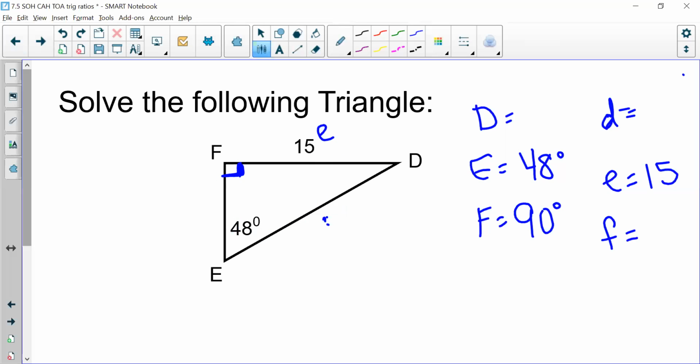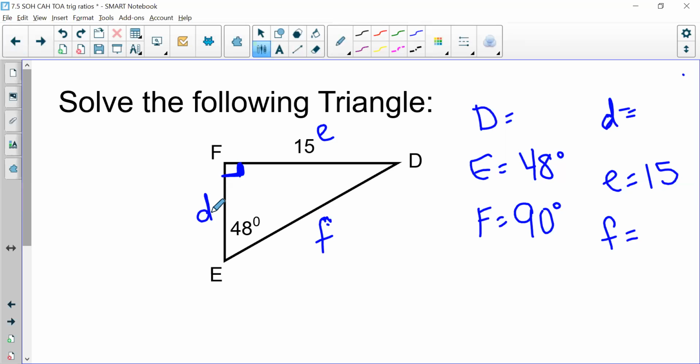Oh, F. Perfect. And what letter am I putting over here? D. Perfect. Okay, so we are missing angle D, we are missing side D, and we are missing side F. Where do you want to start?